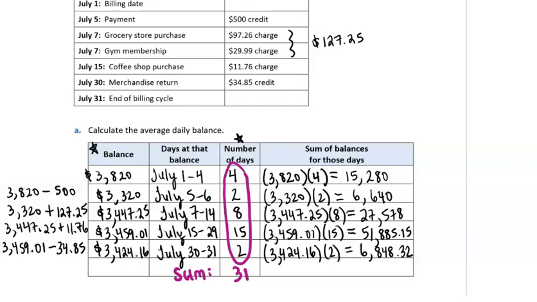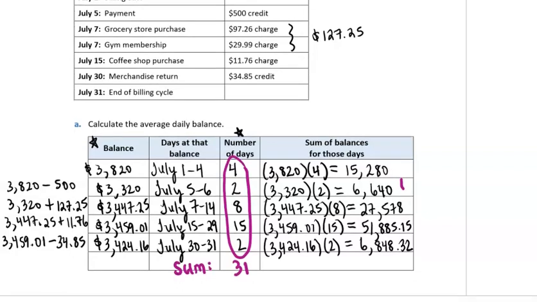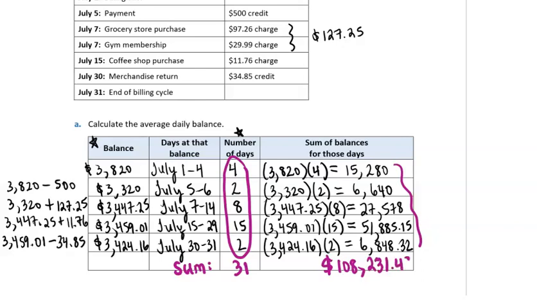And then we're going to calculate the sum of all of the balances for all of these days. That would be like finding the sum of the balance for all 31 days in this billing cycle. So if I add those amounts, I get a total of $108,231.47.